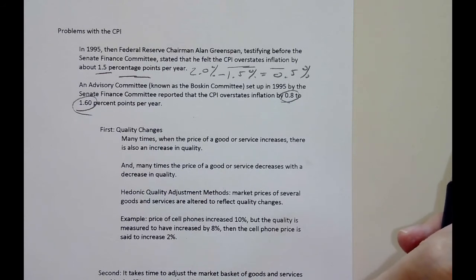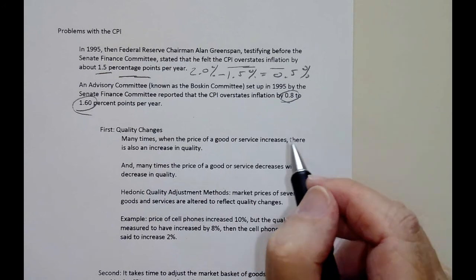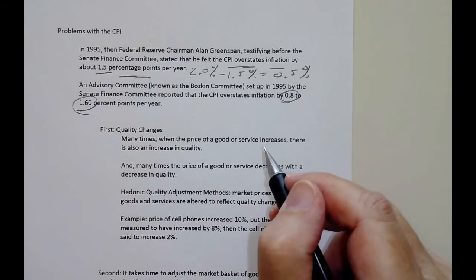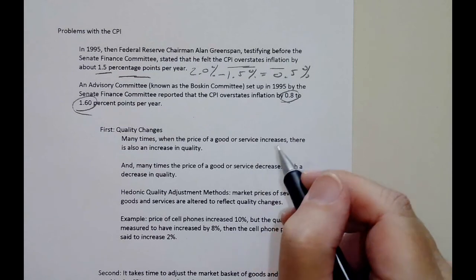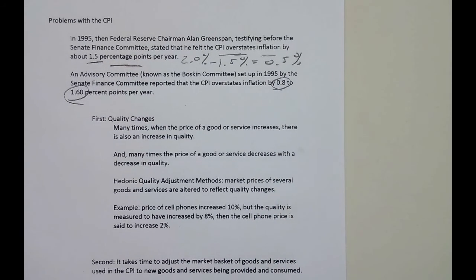And so if the CPI says inflation is this much, it could cause people to pay more for contracts, people to pay more for labor agreements, or taxpayers to pay more for Social Security benefits. Because Social Security benefits are indexed for inflation, they go up each year by what inflation was for the previous year. And if the CPI is overstating inflation, then the taxpayers are paying more than they should for Social Security benefits.